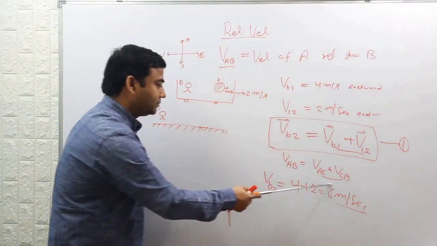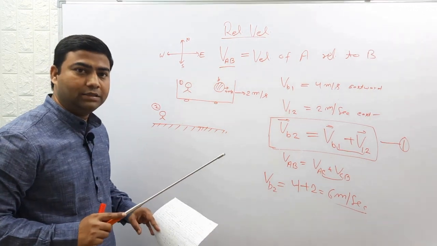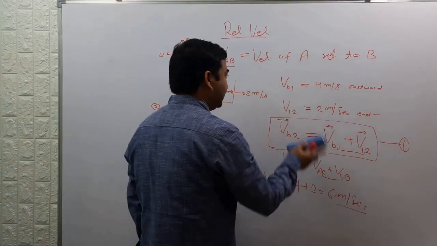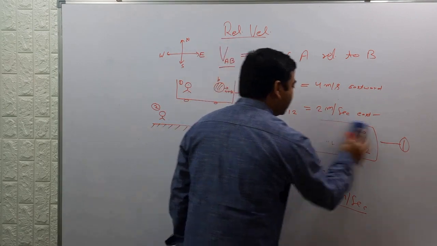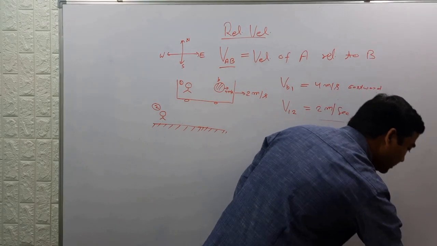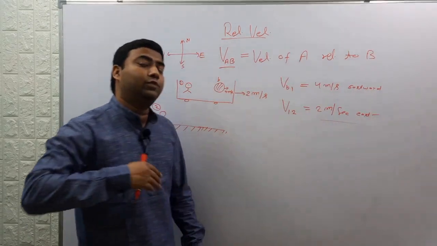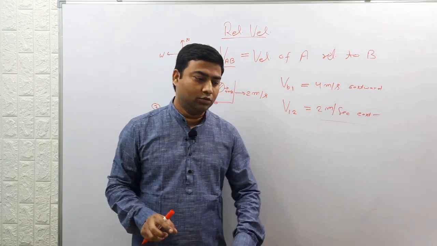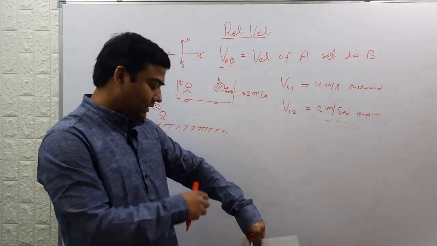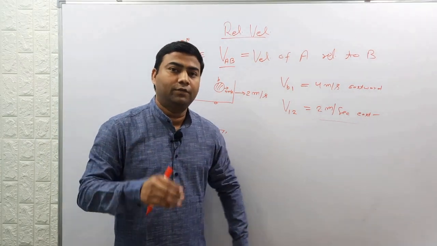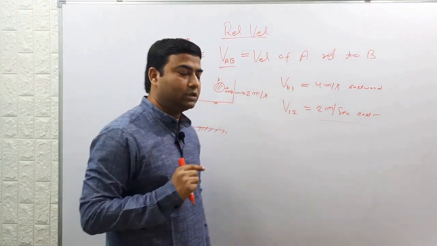This we have calculated from the velocity addition rule. This velocity addition rule can be written in a different way, and that formula is also frequently used in relative velocity. Before writing this rule in another form, I will also discuss one more thing with you.